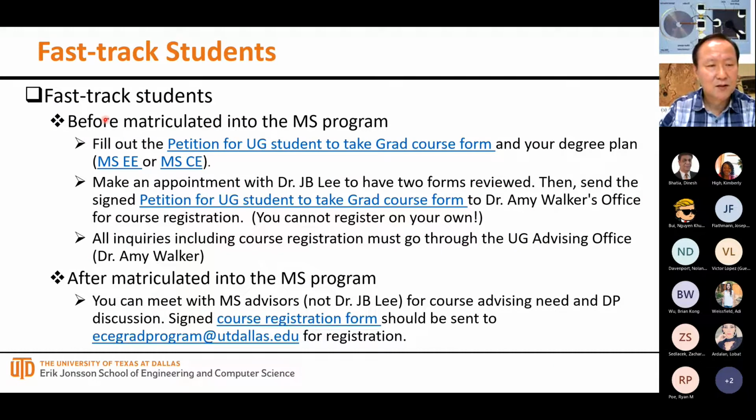So for fast track students, it is always either before you are matriculated into the master's program or after you are matriculated into the master's program. Before you are matriculated into the master's program, you are still an undergraduate student. So the ultimate authority of any decision is the Associate Dean of Undergraduate Study in the Engineering School, that is Dr. Amy Walker.